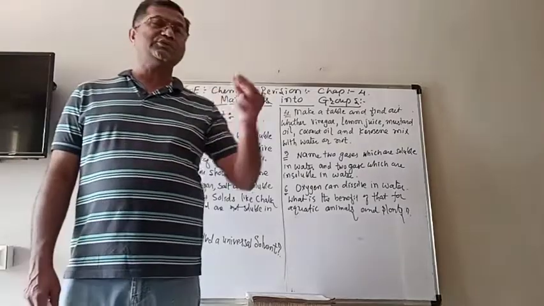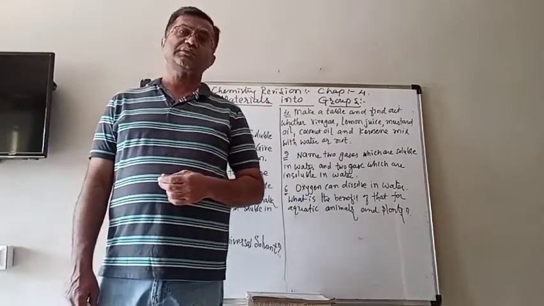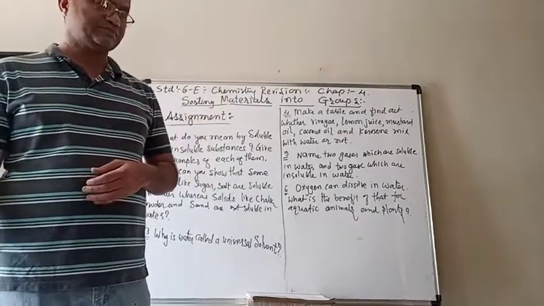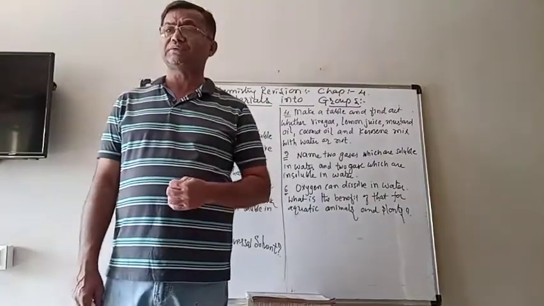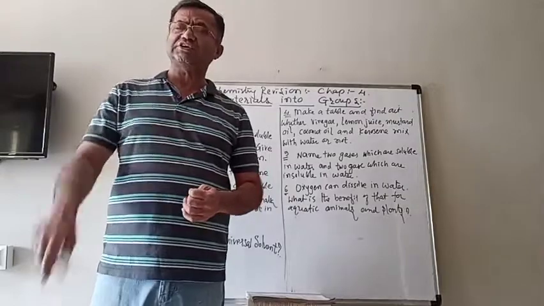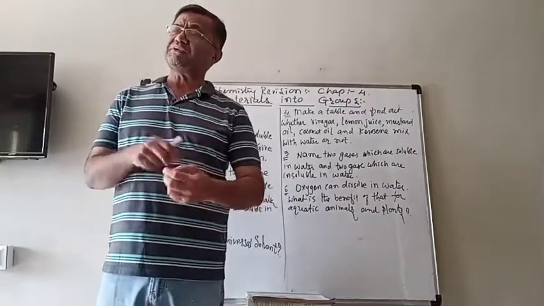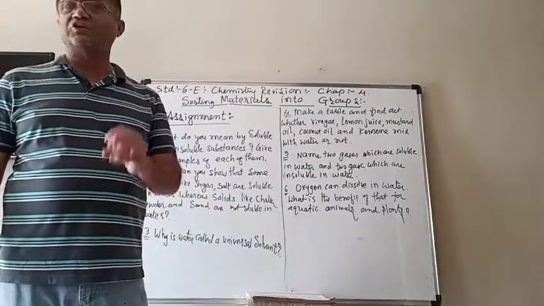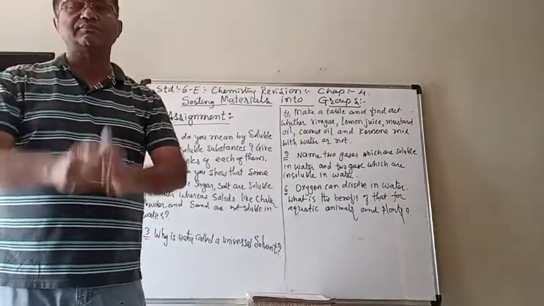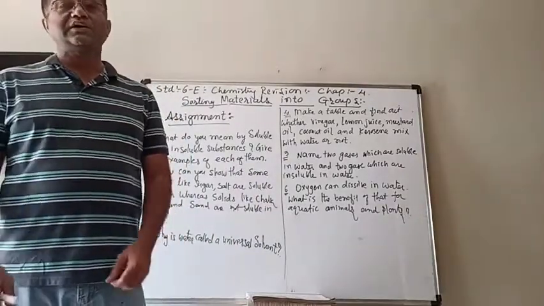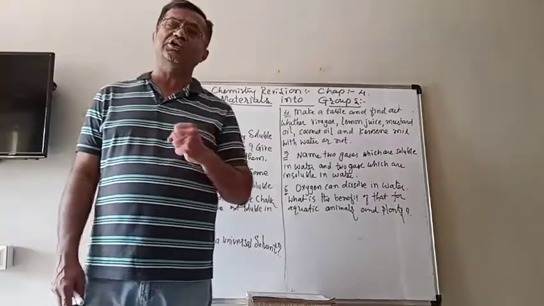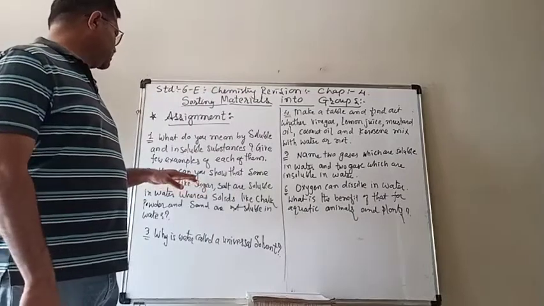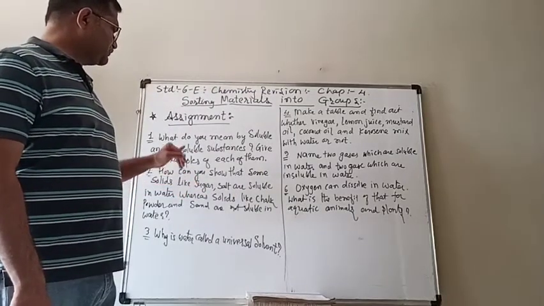But if you put some stones, a coin, a metal key, or sand in water and stir it, after stirring for a long time also, they will not disappear, they will be the same. It means that they are insoluble in water. So now, the first question is finished.